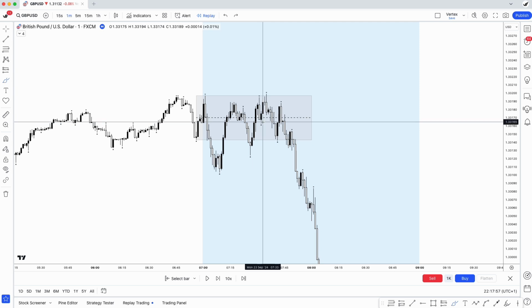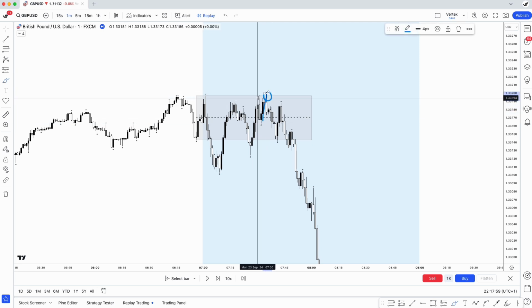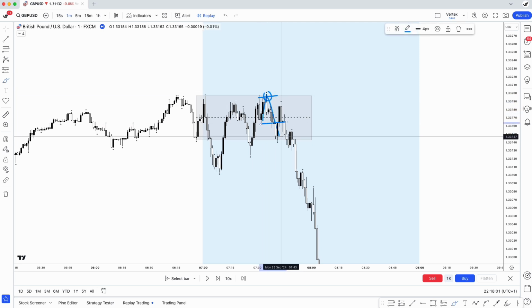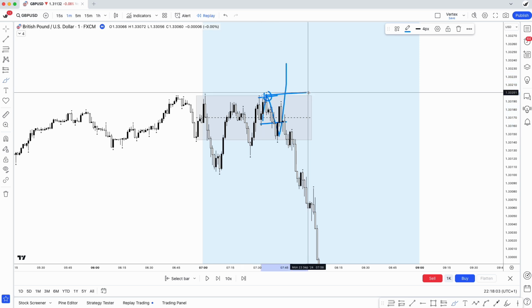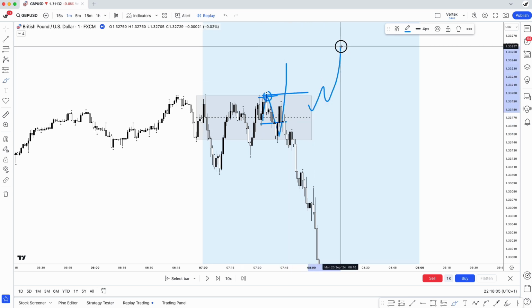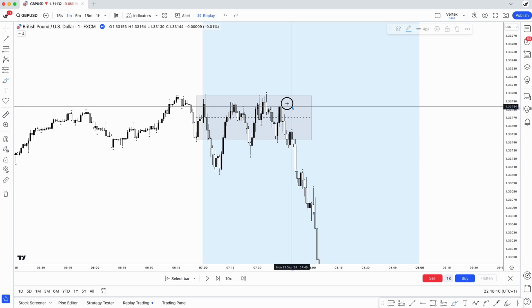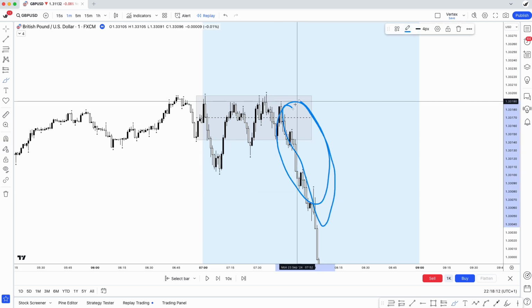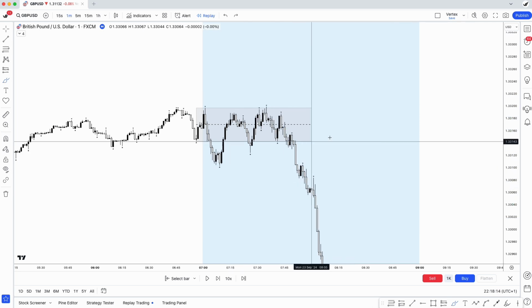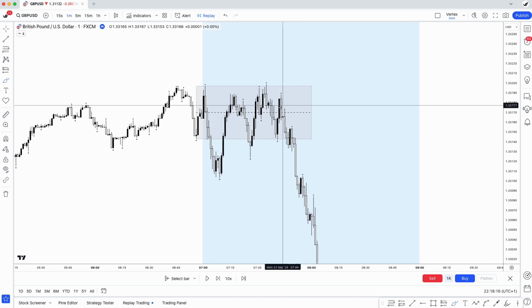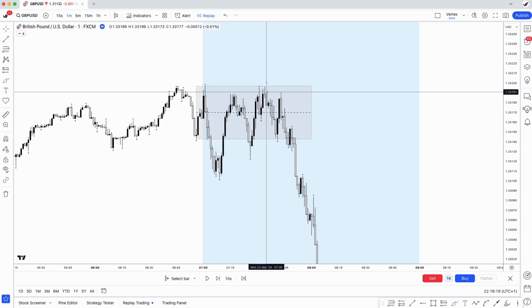However, if it came here, took out the high, then did this, and then broke up above, then we'd obviously go in the other way rather than bearish. Obviously I'm looking in hindsight, so I wouldn't know at the time that price is going bearish, but you have to bear in mind in this situation that every move can be a liquidity grab.